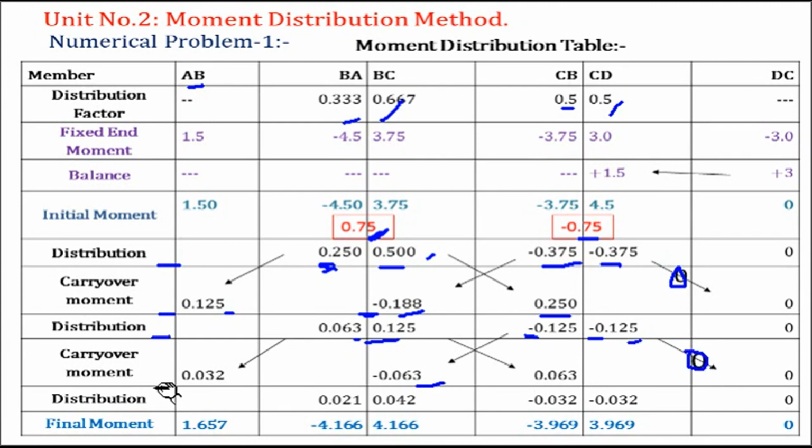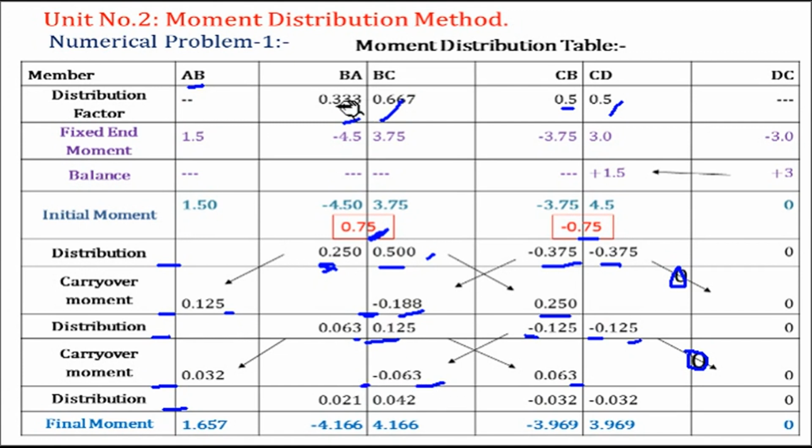Now after doing carryover, you have to find distribution moment. You find distribution moment at the internal joint. So here internal moment is minus 0.063. So your balance moment you have to take plus 0.063.